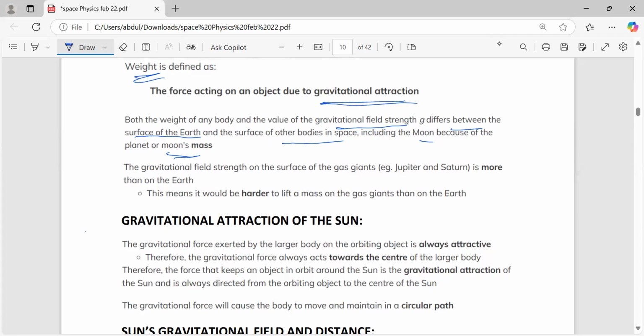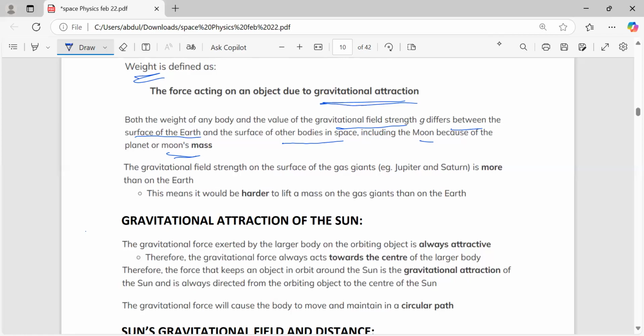The weight of a body at the poles and the weight of the same body at the equator will be different. The reason is that the earth is not exactly a circular object, it is elliptical to some extent. So the distance of the body from the center, if it is at the poles, will be smaller as compared to the distance of the object at the equator.